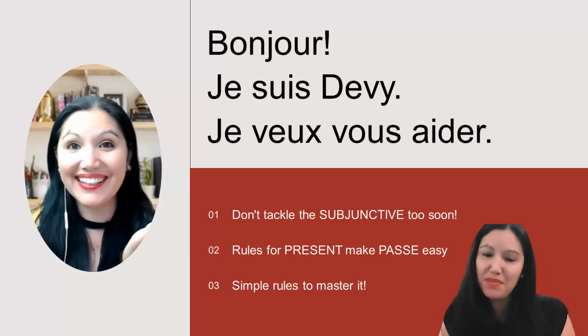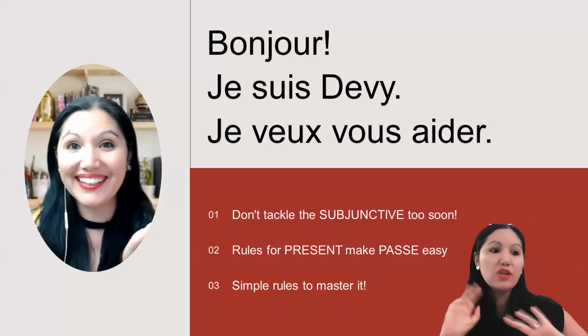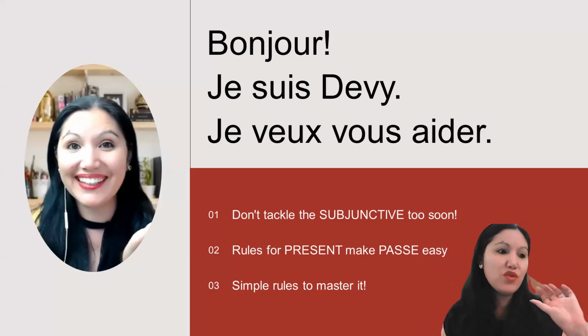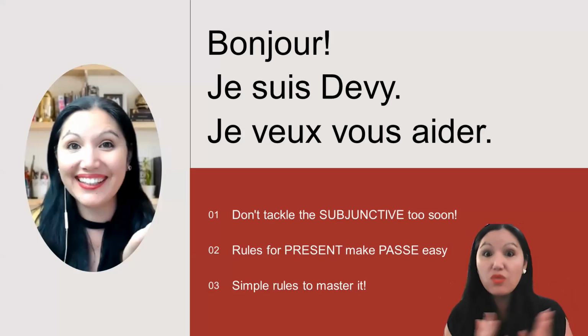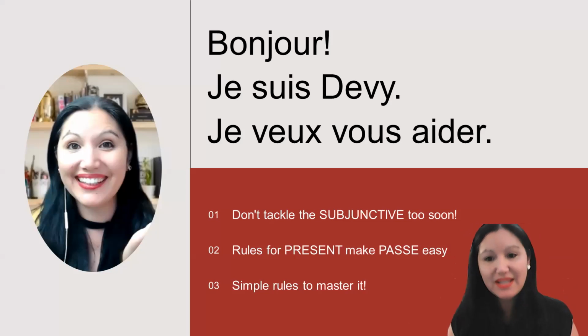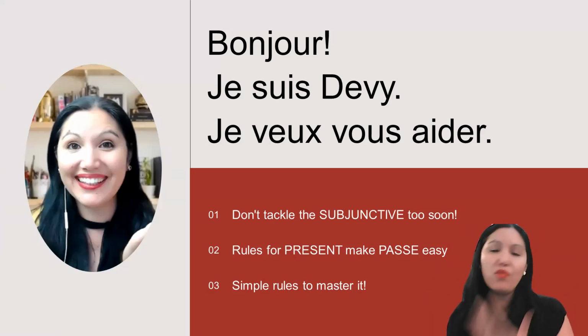So 3 little tips for you. Don't tackle the subjunctive too soon. If you have not come across the name yet, if you are low intermediate or in the beginner world, don't worry about this yet. It really is going to open up doors for more advanced communication, and you don't need to do that yet.